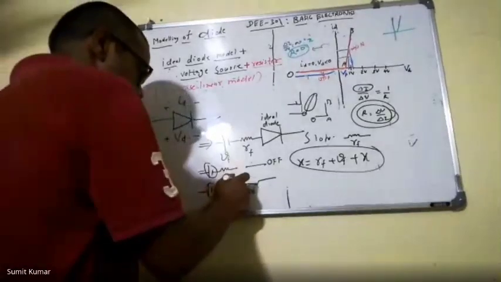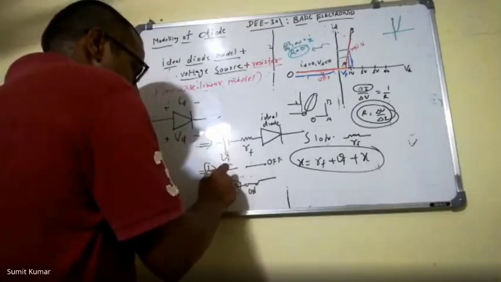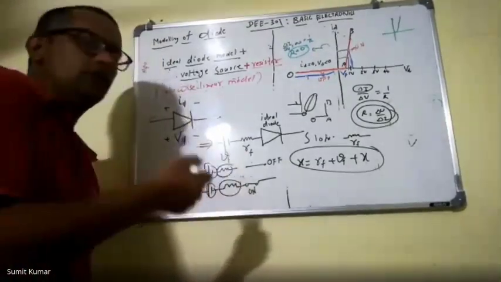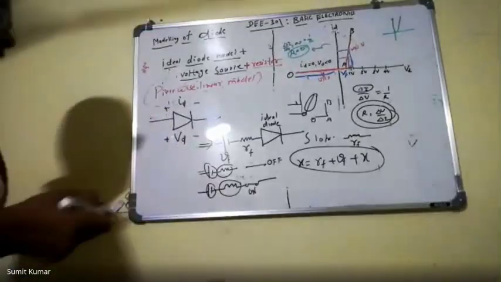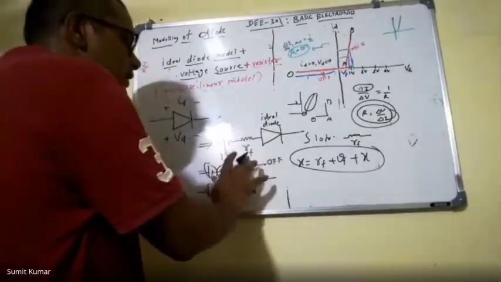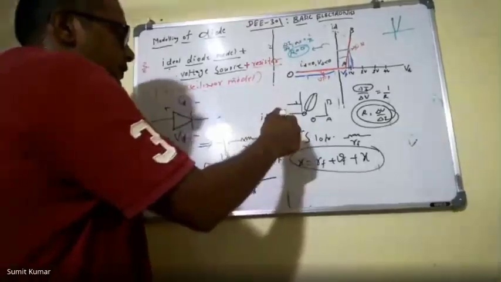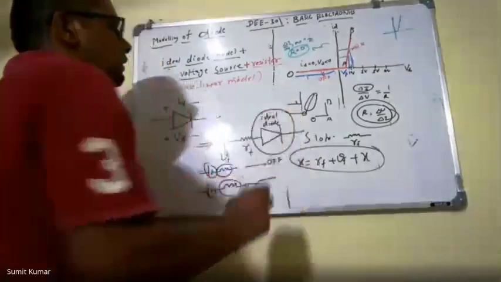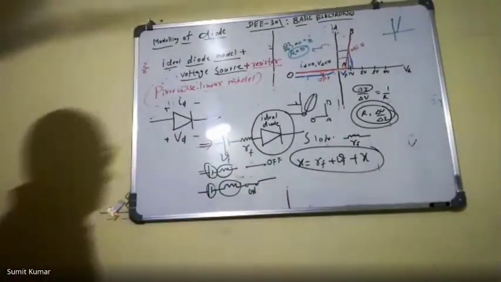And the value of this resistance is mostly neglected because it is very small. But if it is given, then you will have to use this value in the circuit, and you will replace our diode like this. On the basis of the voltages, we will decide whether it is conducting or not conducting.